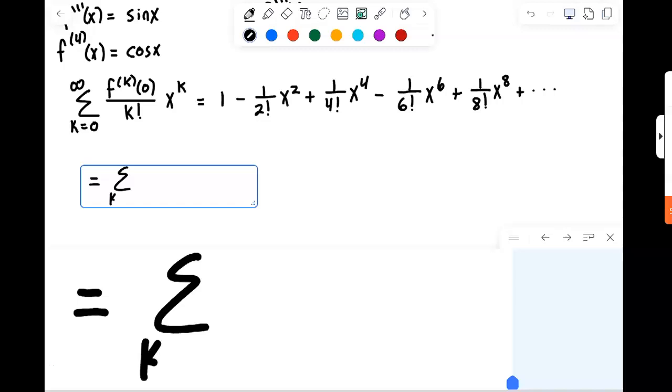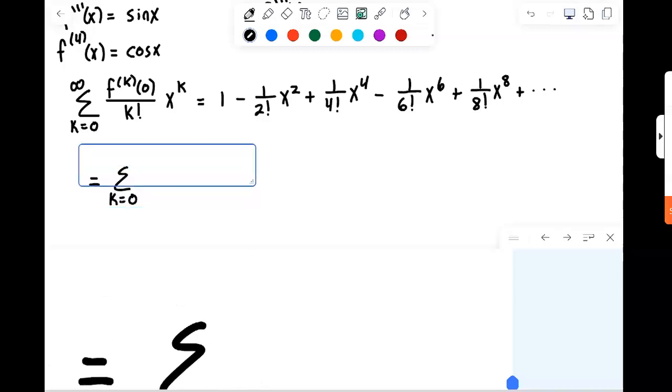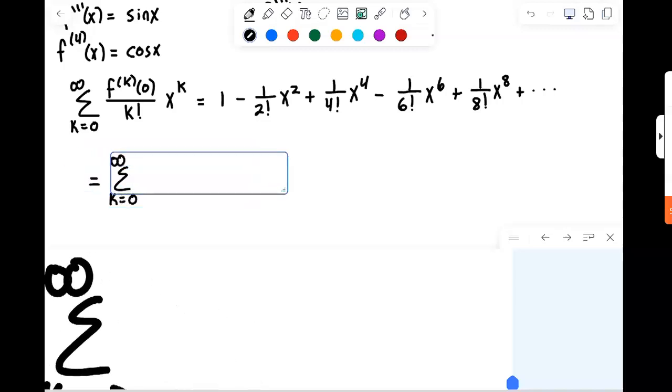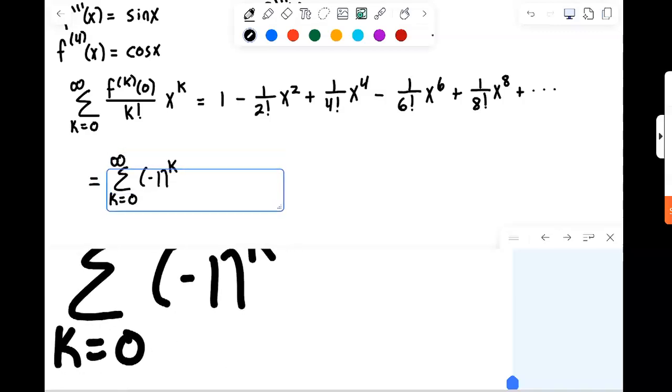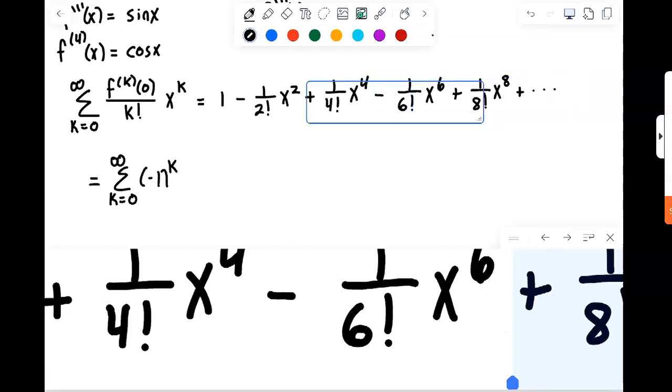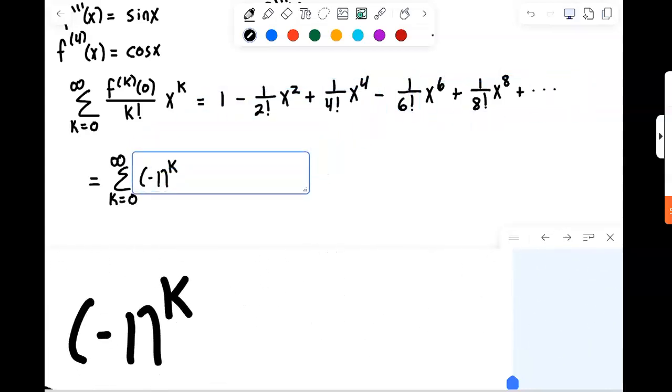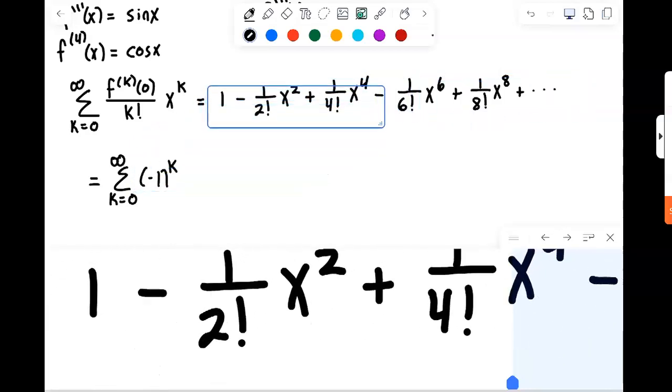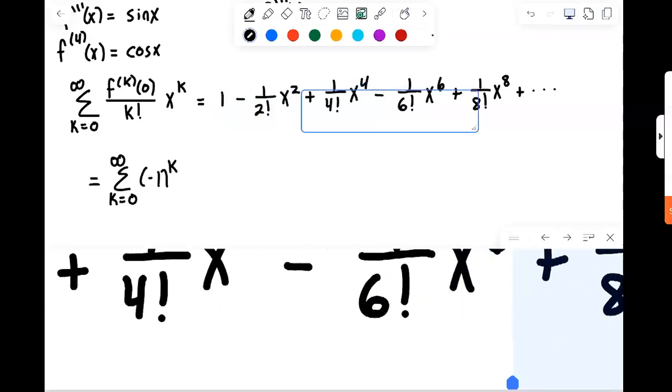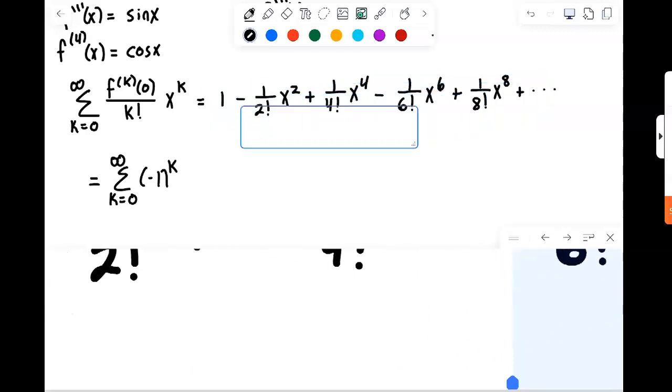Sum as k equals 0 to infinity of minus 1 to the k, that takes care of the alternating sign, so the even terms, 0, 2, 4, those are all your positive ones, and then the odd ones, 1, 3, so again, twice 1 would be 2, twice 3 would be 6, right?